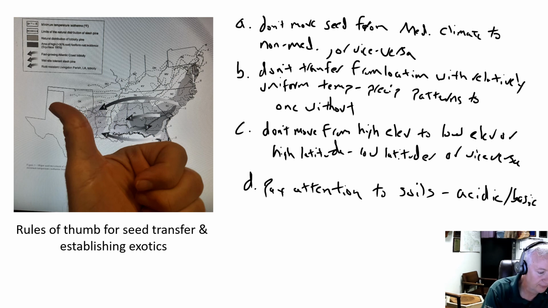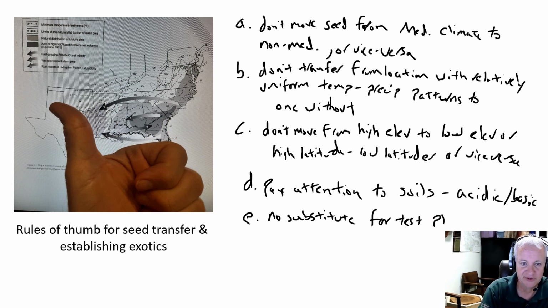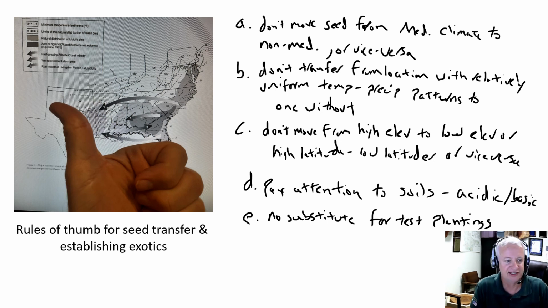The final rule of thumb is there's no substitute for test plantings. Once you've paid attention to all of those rules of thumb, make test plantings in the locations where you anticipate reforesting, and grow them for as long as you can afford to keep an eye out for failures that maybe you didn't anticipate.